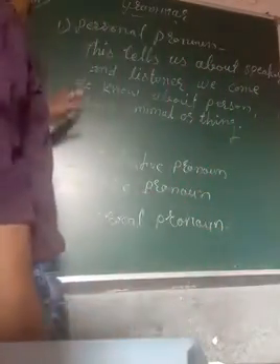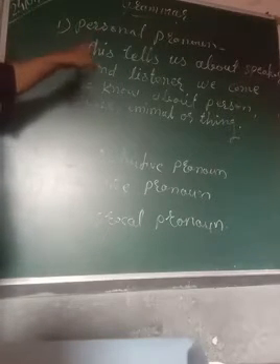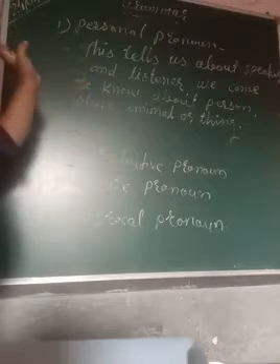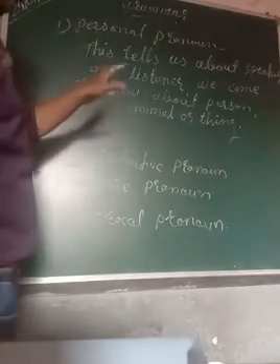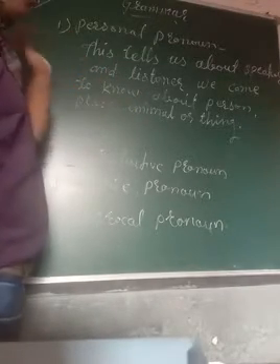They are all personal pronouns. Now look, what is the definition of personal pronoun? You can see on the blackboard. This tells us about speaker and listener. Okay, who is speaking and who is listening. And we come to know about person, place, animal or thing. So they are all personal pronouns.